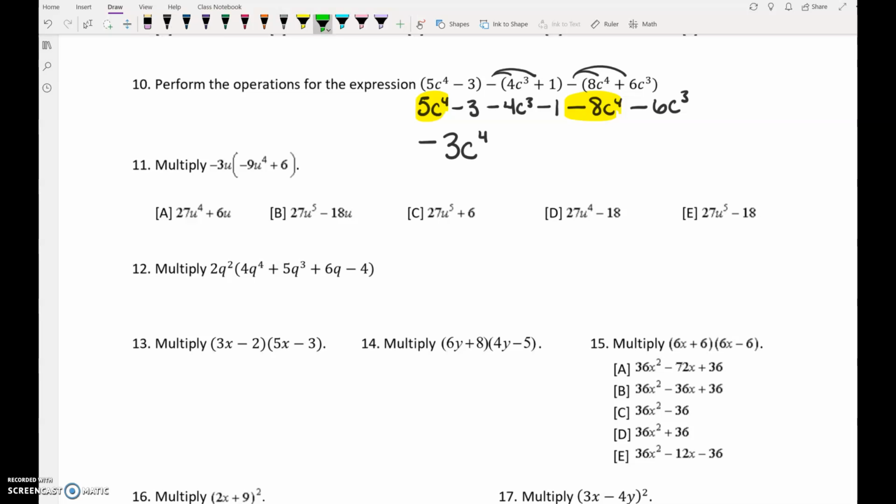Then we have c to the third. We have negative 6 and negative 4. That would be negative 10c to the third. And then we have just the numbers, negative 3 and negative 1. That will be negative 4.